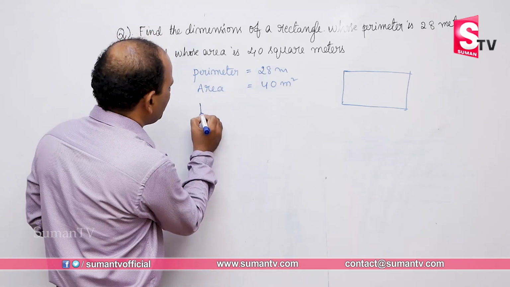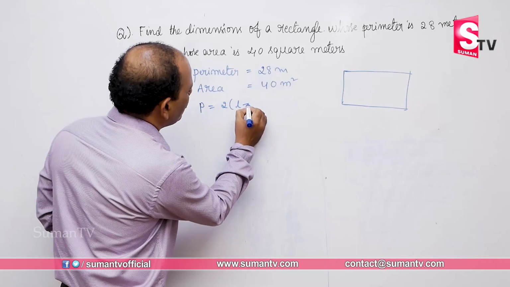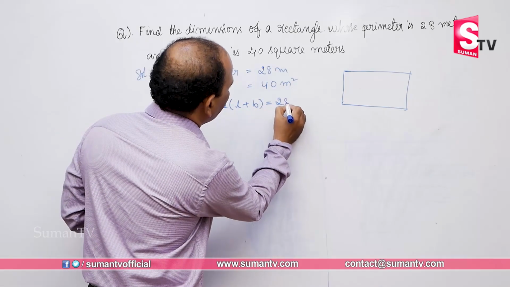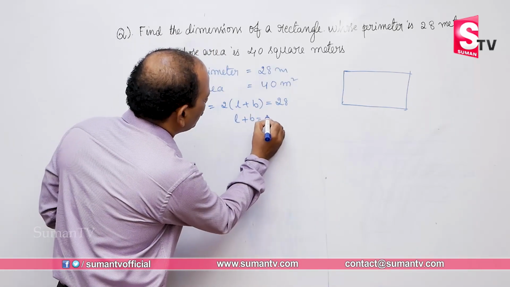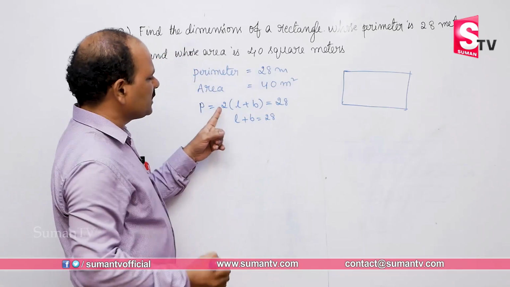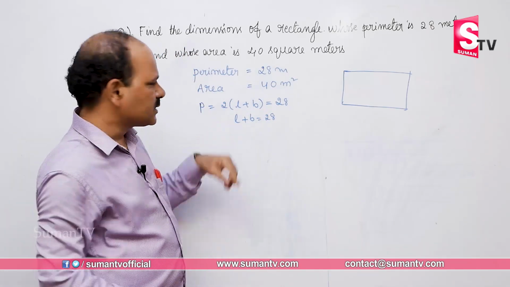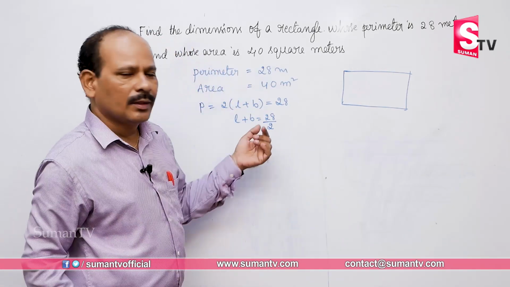Okay. What is the perimeter formula? Perimeter of a rectangle formula is 2 into L plus B. That is given 28 meters. L plus B is equal to 28. Send this 2 to right side. Whenever I am sending this 2 to the right side, it comes in the denominator's place. Okay.